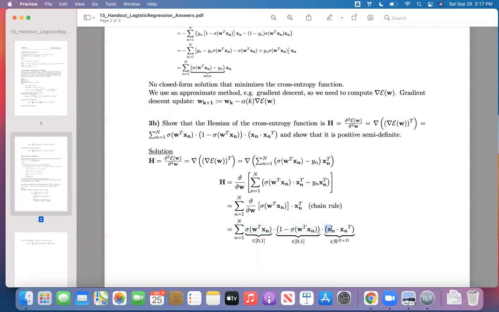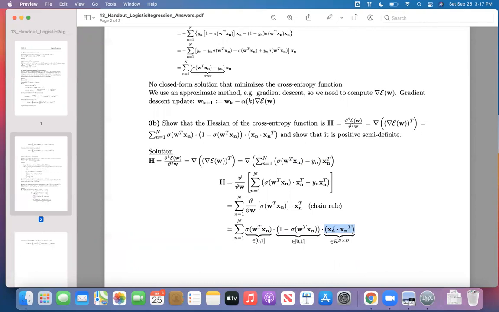So all we need to show here is that this matrix, which results from the multiplication of each input sample, is positive definite. Again, this is not an inner product because it's not x transpose times x.